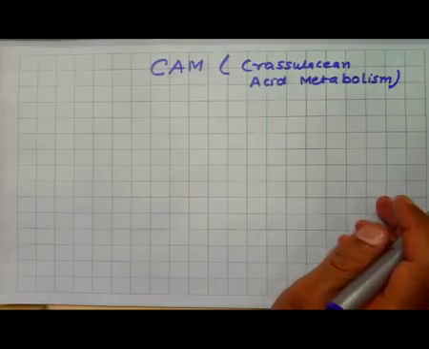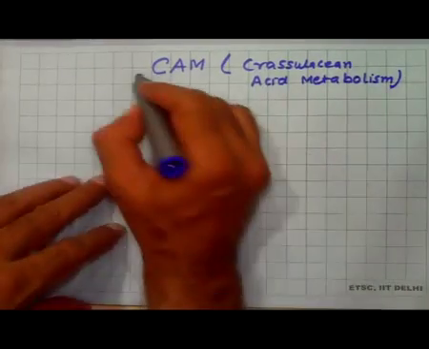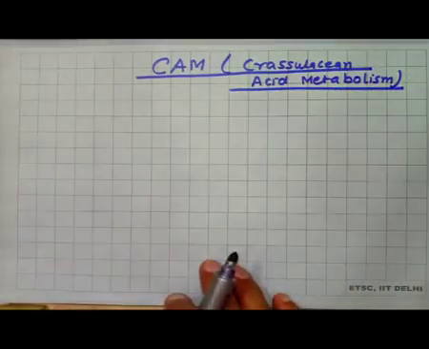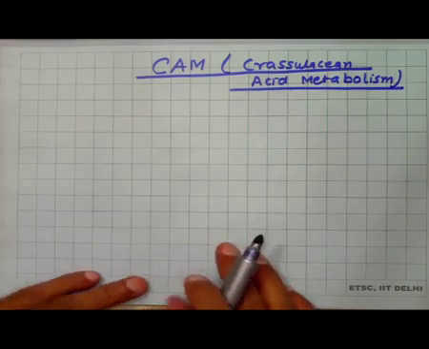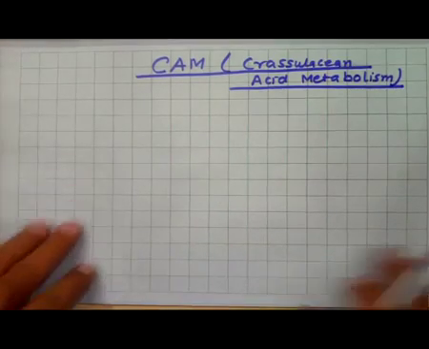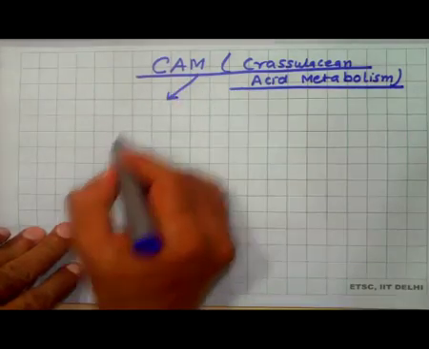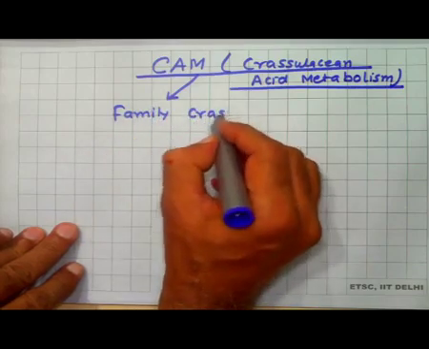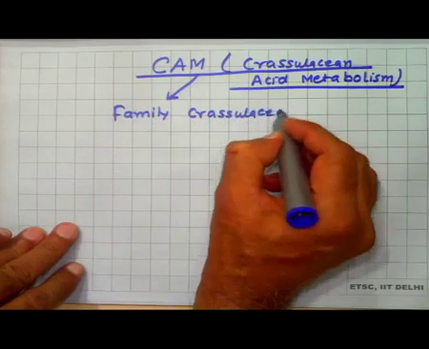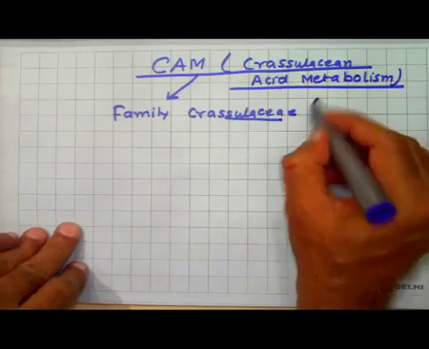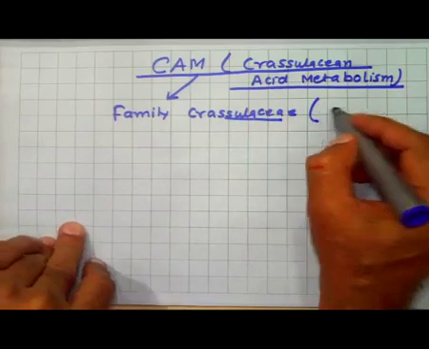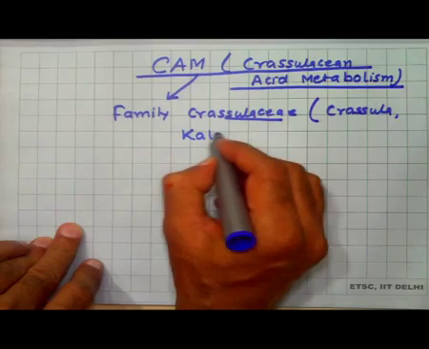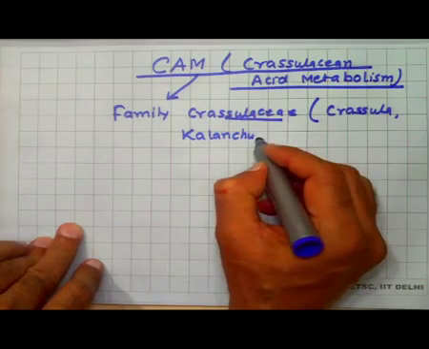As the term indicates, this process is associated with photosynthesis, and it takes place in plants of the family Crassulaceae. Examples of the Crassulaceae family: Crassula, Kalanchoe, Sedum.